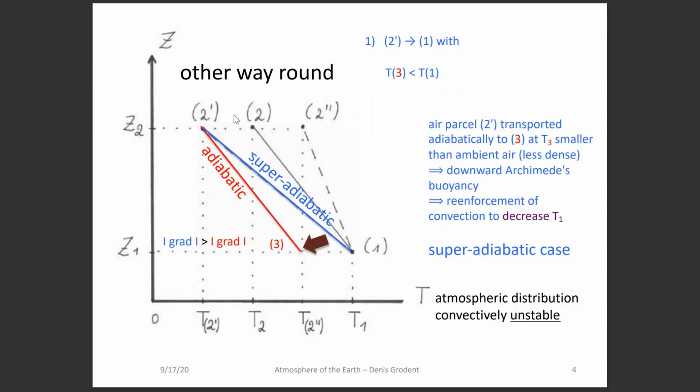And if you assume an air particle which is going from 2 prime to this temperature, which is lower than the atmosphere one, it means that the density is higher, and it will just sink. You can imagine the analogy of a rock that is falling inside the water, so it will also reinforce convection. So this particle will just continue to drop.